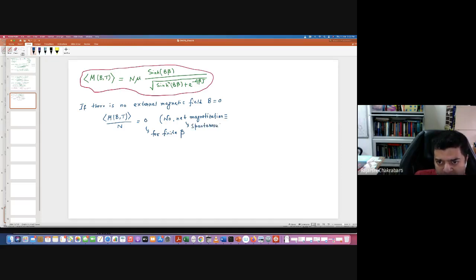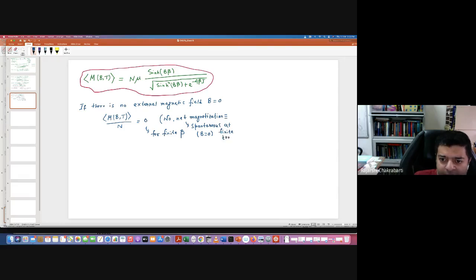Why spontaneous? Because your B is 0. In the absence of magnetic field, if I calculate the average magnetization for any finite value of beta, at any finite temperature, then the average magnetization is 0, which basically means there is no spontaneous magnetization at finite temperature.